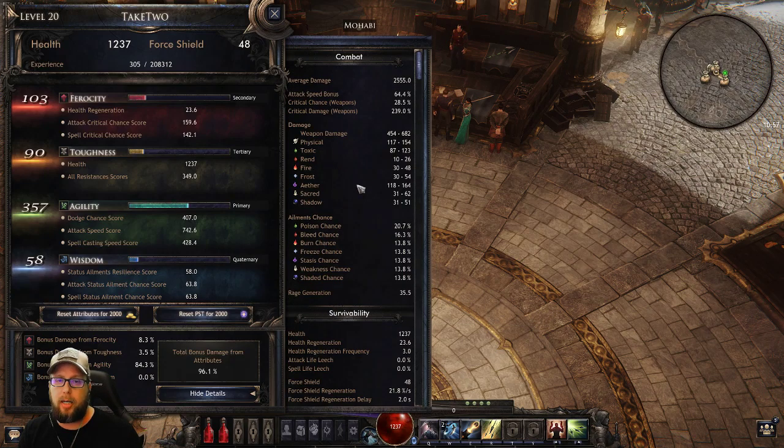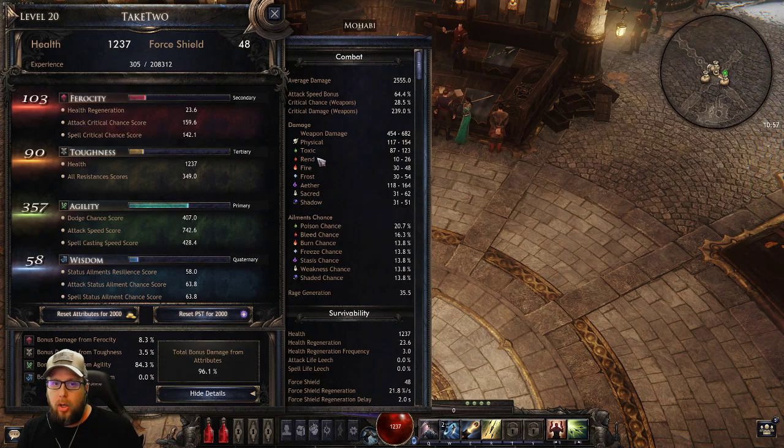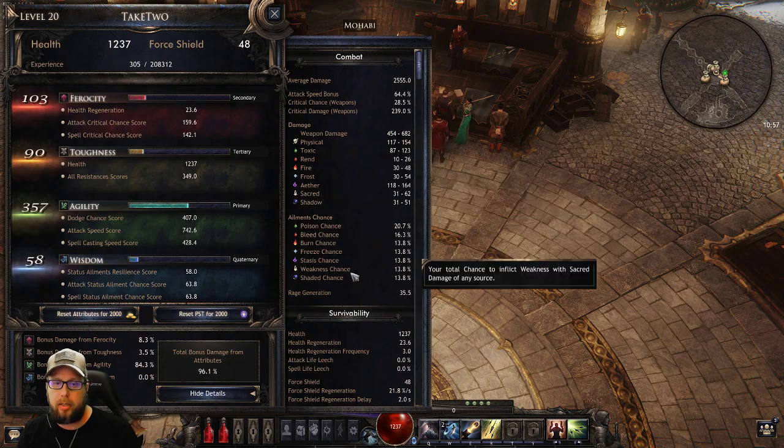Okay, so let's go back up here. So physical, toxic, rend, fire, frost, aether, sacred, shadow. And then you have your ailments. Toxic procs poison, rend procs bleed, fire procs burn, frost procs freeze, aether procs stasis, sacred procs weakness, shadow procs shaded.